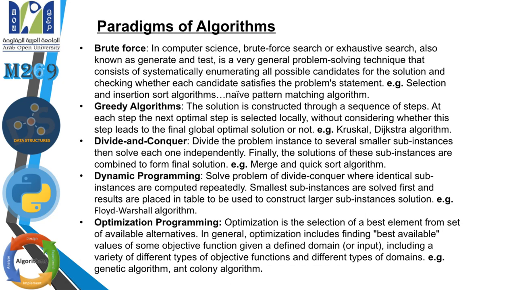The second is the greedy algorithm, and here we are constructing a sequence of steps, but the problem is that we are usually keen to select the best or the next optimal step based on what you see locally. I told you before we usually have two ways to find our optimal solution.